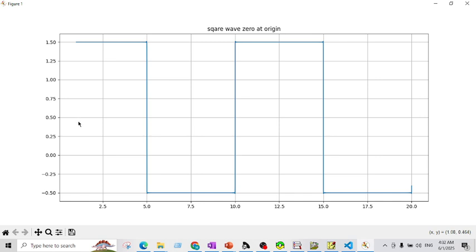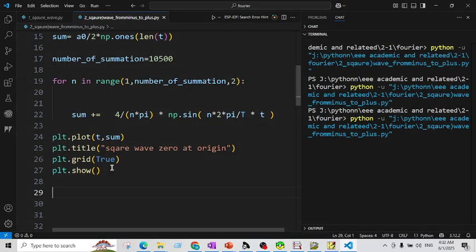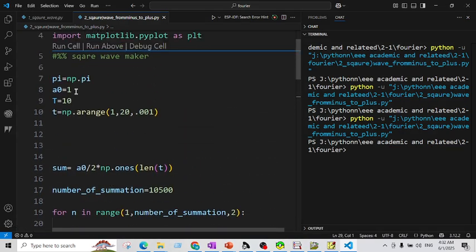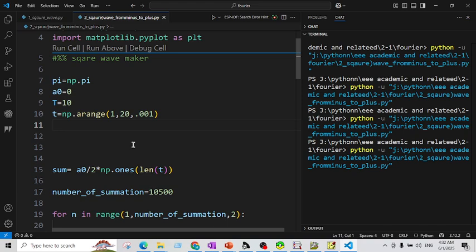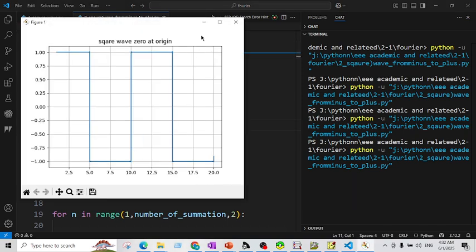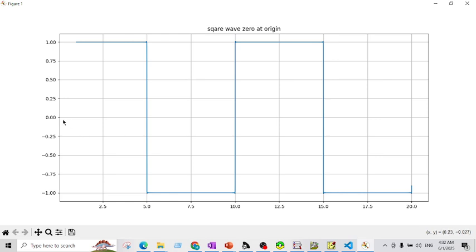No, our answer is not correct. It goes from 1.5 to minus 0.5. Why? Because a naught should be 0. Here a naught is 1, but our a naught should be 0. So if I run this code again, now perfect.